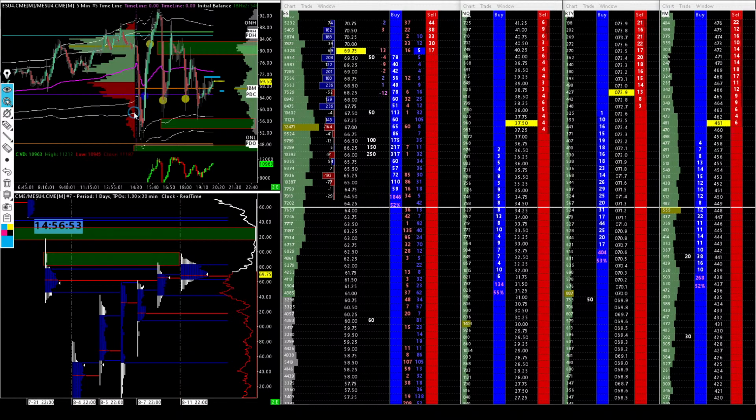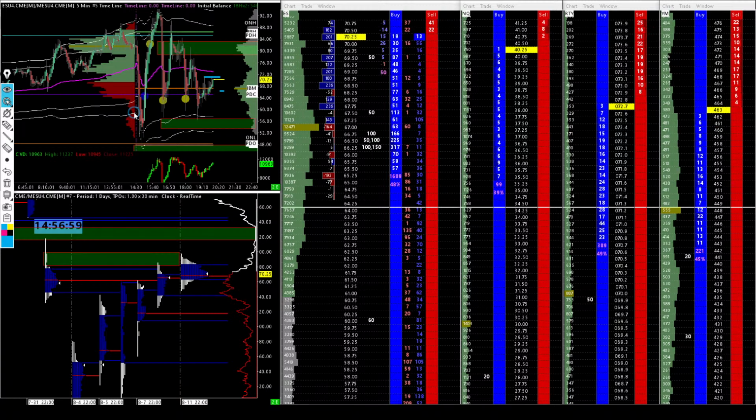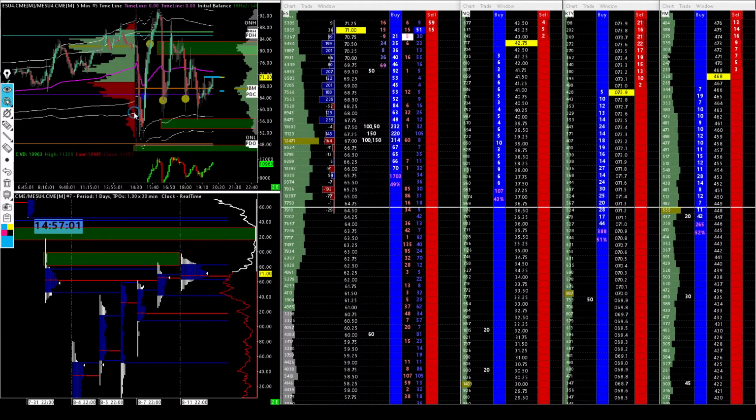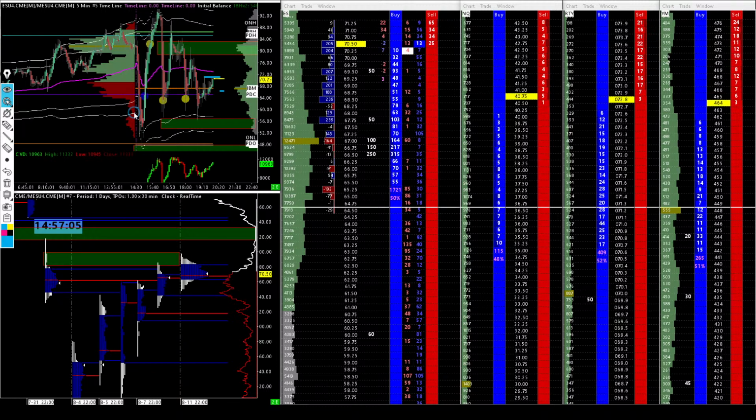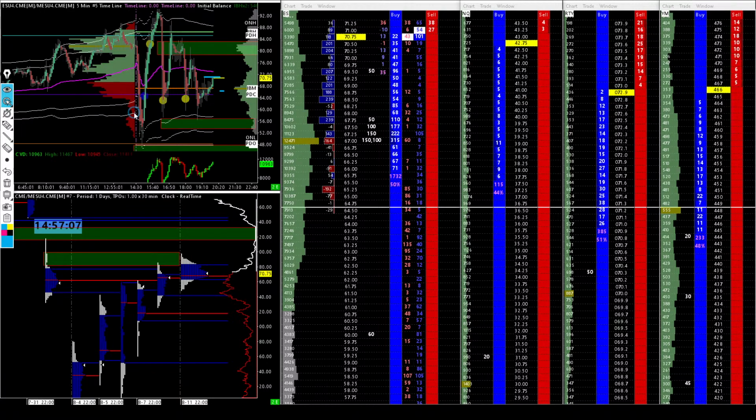If I've not made my money before the bond auction, I shouldn't really be trading. I'm normally finished about 12, 1 o'clock. And the bond auction's normally at 1 o'clock.